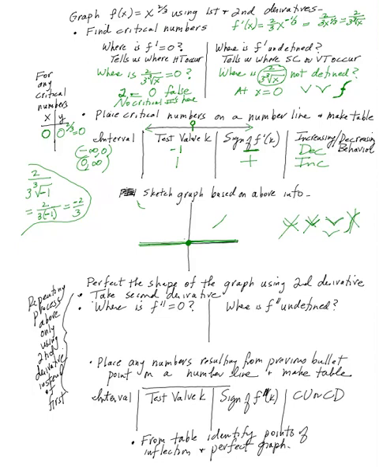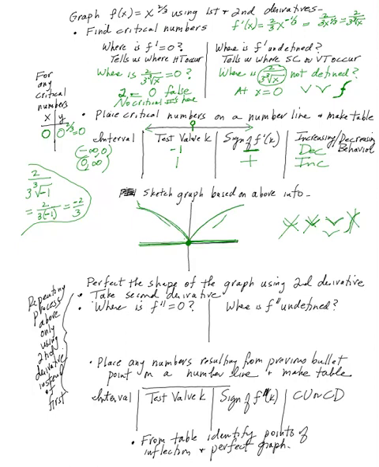So that's what I'm going to draw. I've got the derivative here at 0 is not defined. It's decreasing on the interval minus infinity to 0, increasing from 0 to infinity. That meets the conditions above.